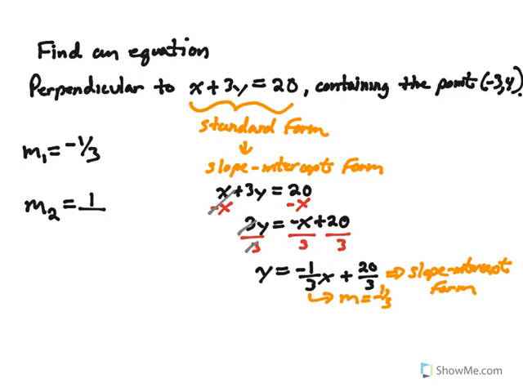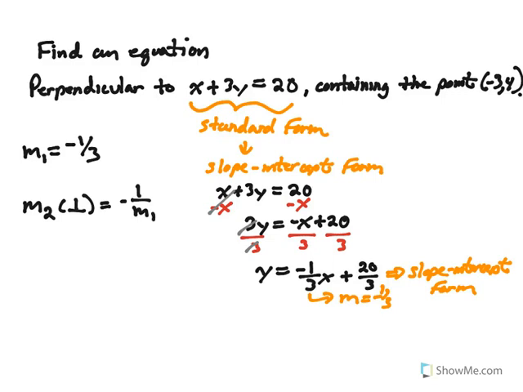Let me rewrite this. I don't like the way I rewrote that. If you want to find the slope that is perpendicular, then that's going to equal -1 over that.